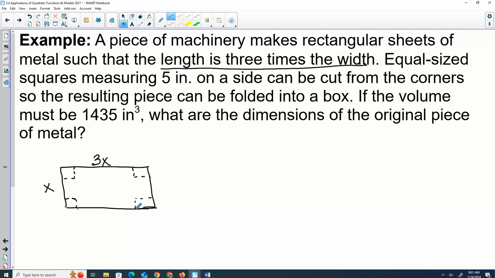Does that make sense? So I'm taking this sheet of metal, have to cut off the squares, and how big were they? 5 inches on a side, so it's a square, they're all the same. And then I fold up those tabs to create a box.